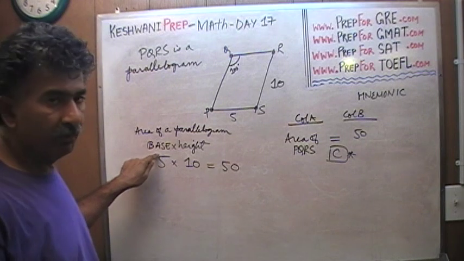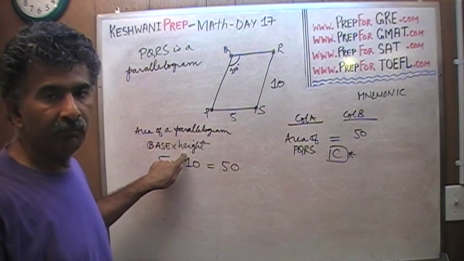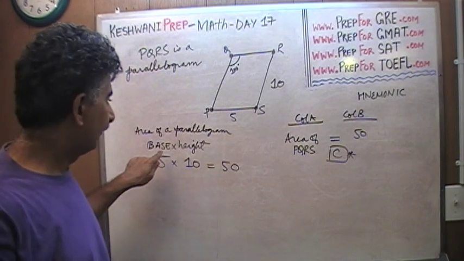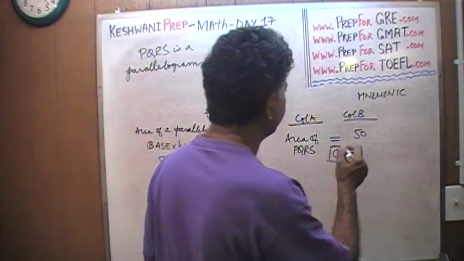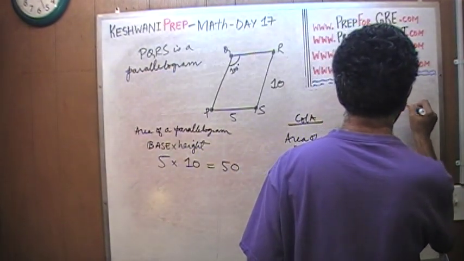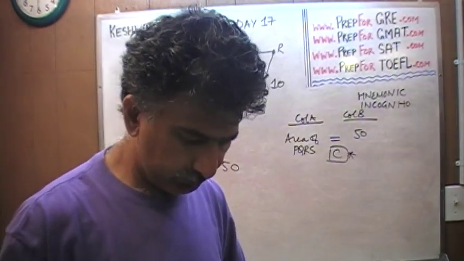This formula, base times height, is the formula to figure out the area of a rectangle. It's the same formula as the formula for a rectangle, but it is incognito. Let's see, what was the day when we learned the word incognito?